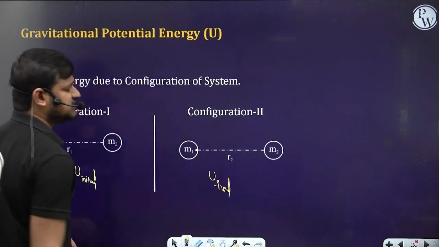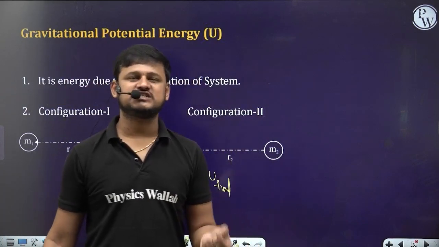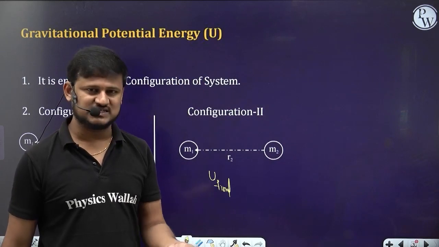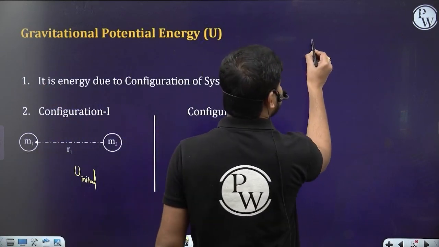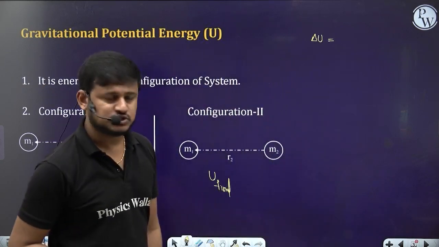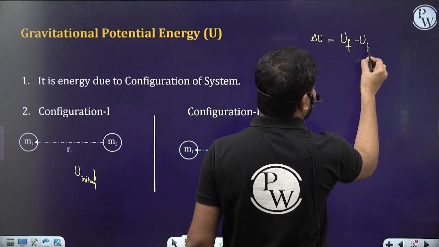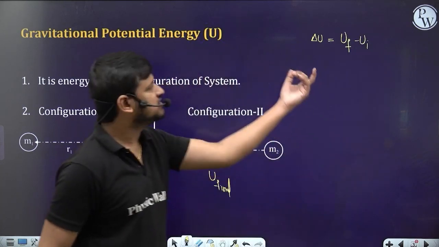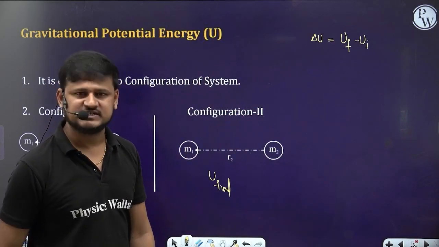The potential energy itself is not what matters; the potential energy difference always exists. So delta U equals the potential energy final minus the potential energy initial. This is the change in potential energy.